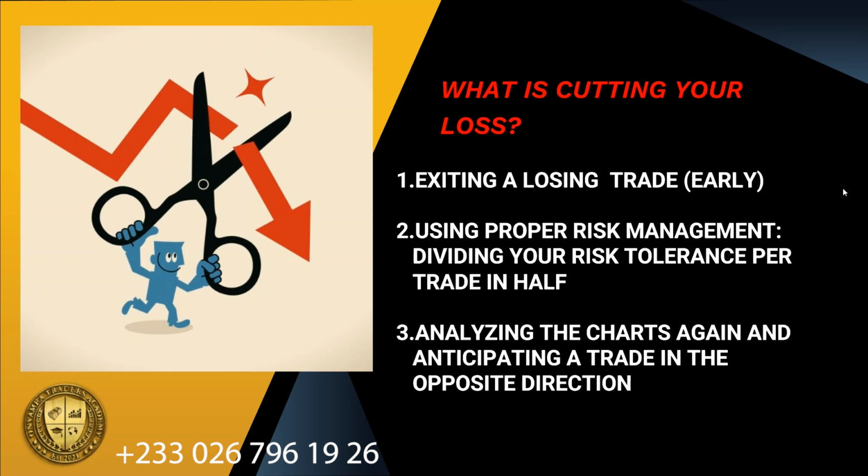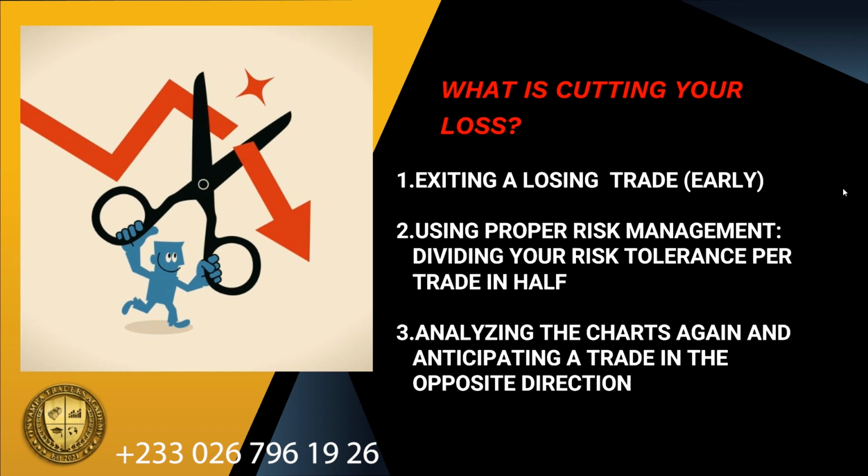And this other percent is what is left of the 2%. So instead of risking 2% per trade, you're risking 1% per trade. In case price doesn't hit your take profit, you give yourself another chance to anticipate entering the charts once again with the same risk tolerance of 1%. And this time you can actually make a winning trade.